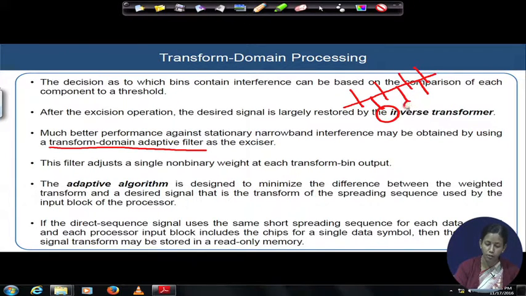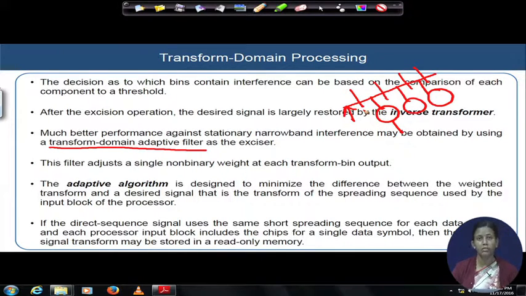So it puts a weight for each and every bean output, and it is an adaptive filter. The adaptive algorithm tries to minimize the difference between the weighted output of the beans and the desired signal.